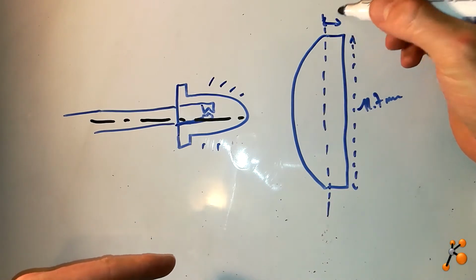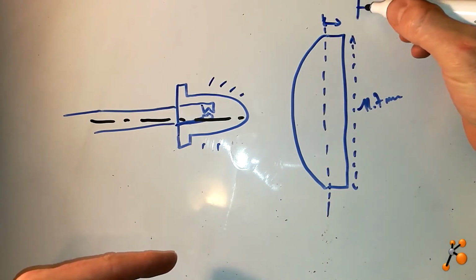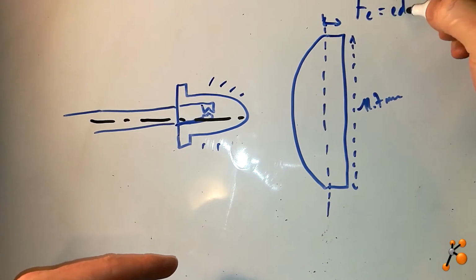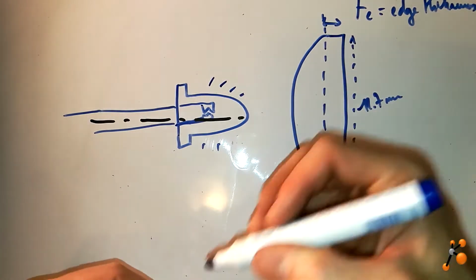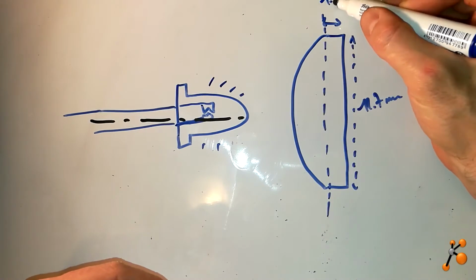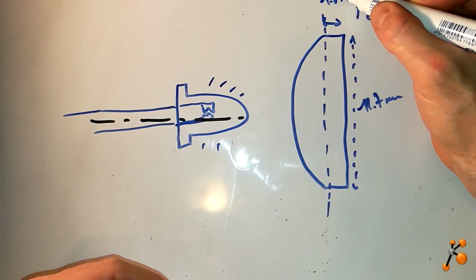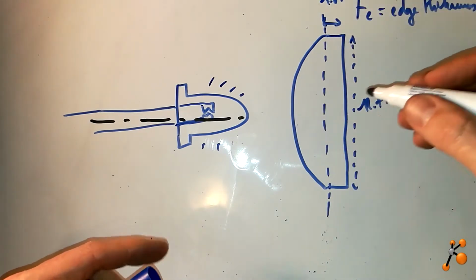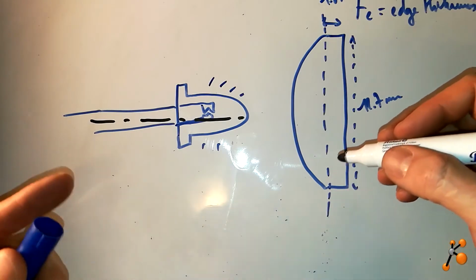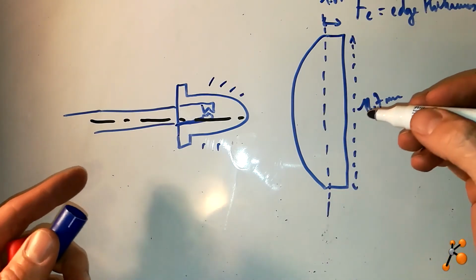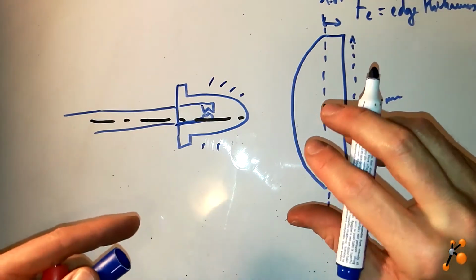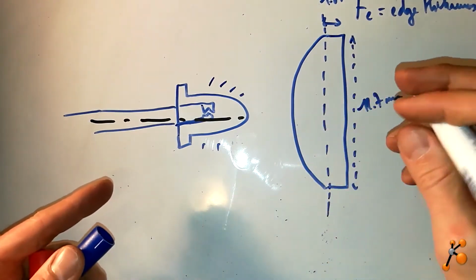And how is a lens? So here you have the TE called edge thickness, and here the dimension is 1.8 millimeter. So I just put some dimension because next step I would like to make one prototype, not complete, but one prototype of how to dispose all these different components.